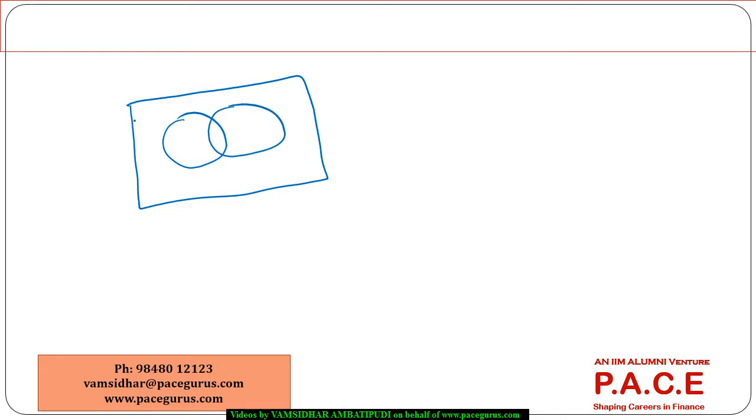How do you represent A complement intersection B? Now, what is A complement? Anything that does not belong to A is A complement. So this entire outer box as well as this part which does not belong to A, this entire B part along with this, is A complement.